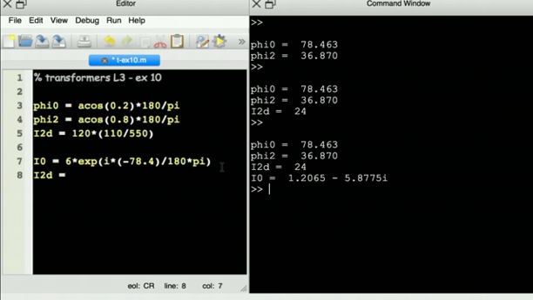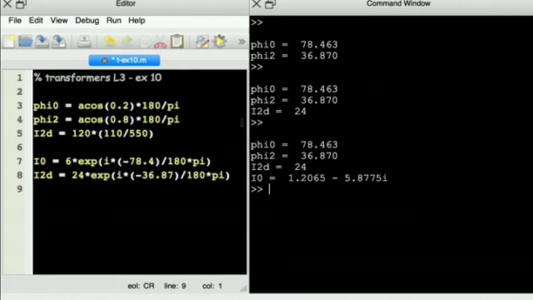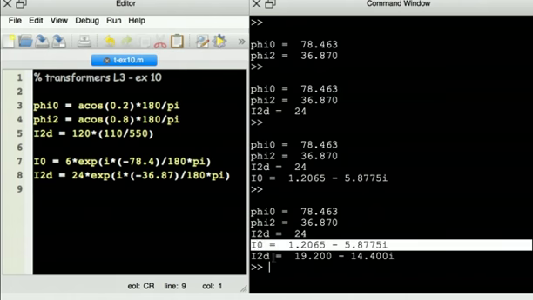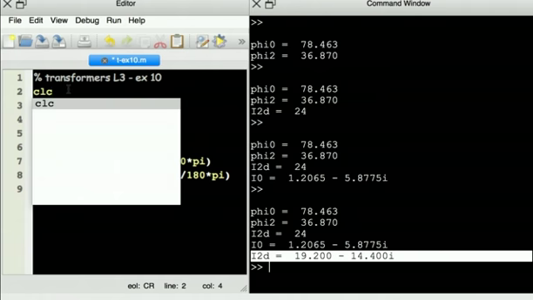The actual quantity is 24 multiplied by exponent of i, where i is the square root of minus 1, times minus 36.87 divided by 180 and multiplied by pi, which converts it into radians. Now if I run it, I see I naught is this and I2 dash is this. Let me add a clear screen at the beginning.